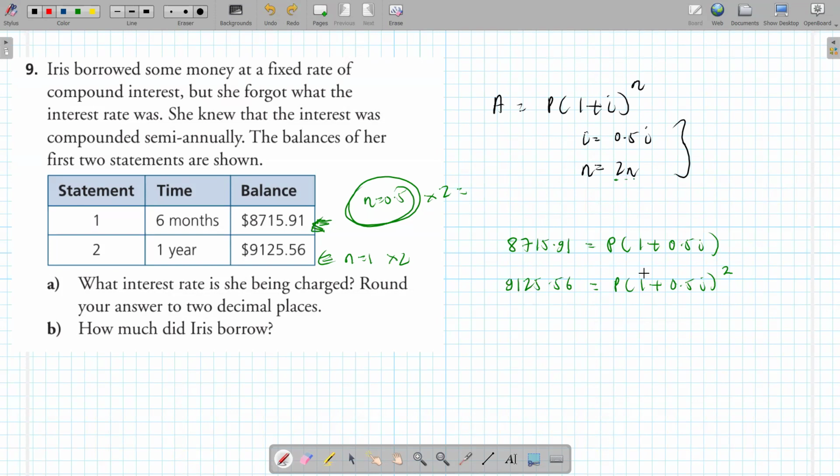Now here's the trickiest thing. What do you do with these equations to kill one of the variables? So we want to either kill P or we want to kill i. And this is a little bit more complicated because this is neither substitution nor elimination. What do you think we do?